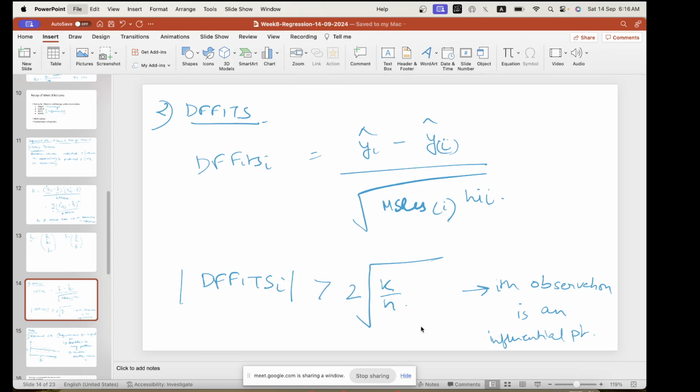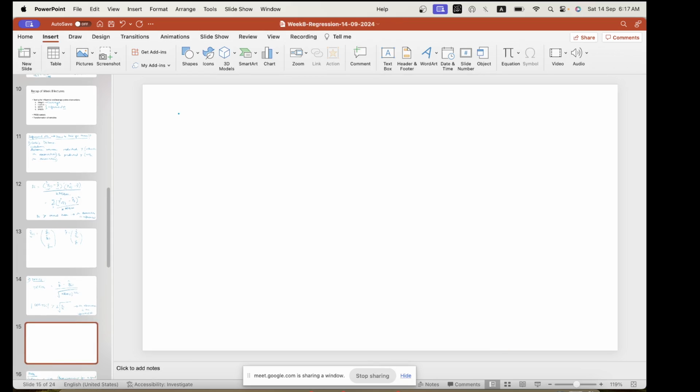All right, so this was how we can assess if a point is influential using DFFITS. Apart from using DFFITS, we also learned how to use DFBETAS.